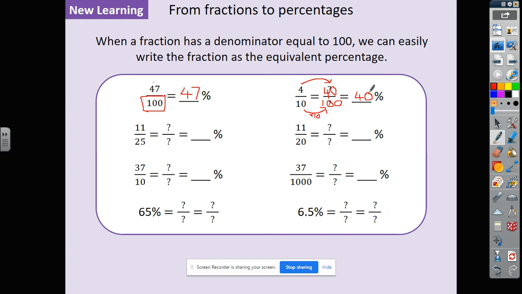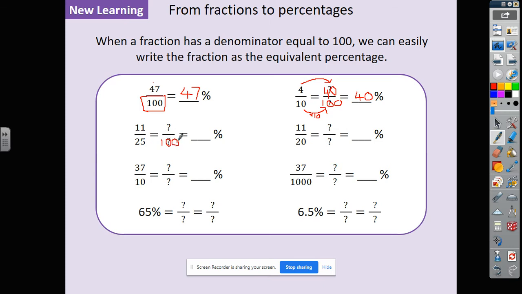Right, take note of these because this is your new learning and this will help you answer the question. So I want to see these examples written down. Now 11 over 25 is a little bit different because we can't multiply that by 10. But what do I know about the 25 if I know that I want to get my denominator to be 100?